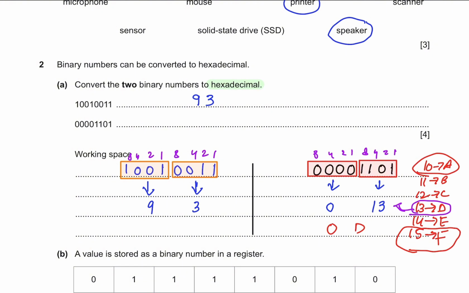And that's the answer. So showing all this method, you get 4 marks.